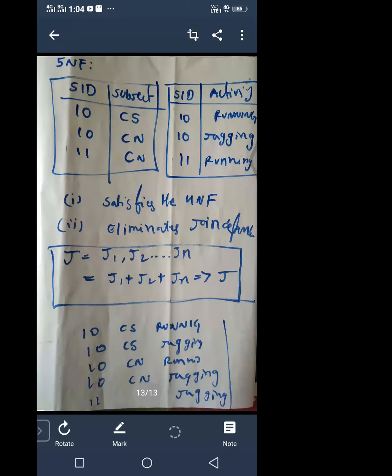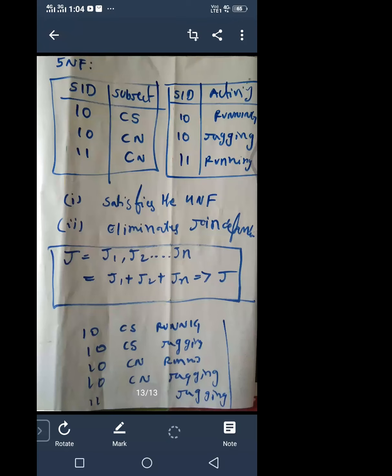For example, select star from S1 and S2 where S1.SID equals S2.SID. First, what is S1.SID in the first case? 10.